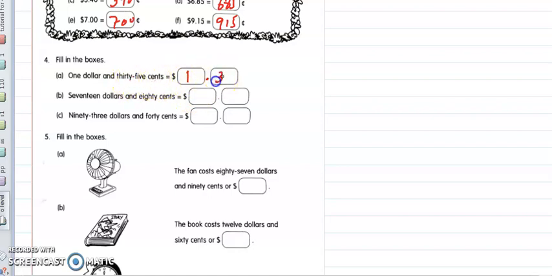So it will be $1.35. $17 means I will write 17, it's full dollar, and 80 cents. Cents we will write after decimal, so 0.80. These are 80 cents, because if we write $0.80, it means it is equal to 80 cents. So that's why we will write it in this way.